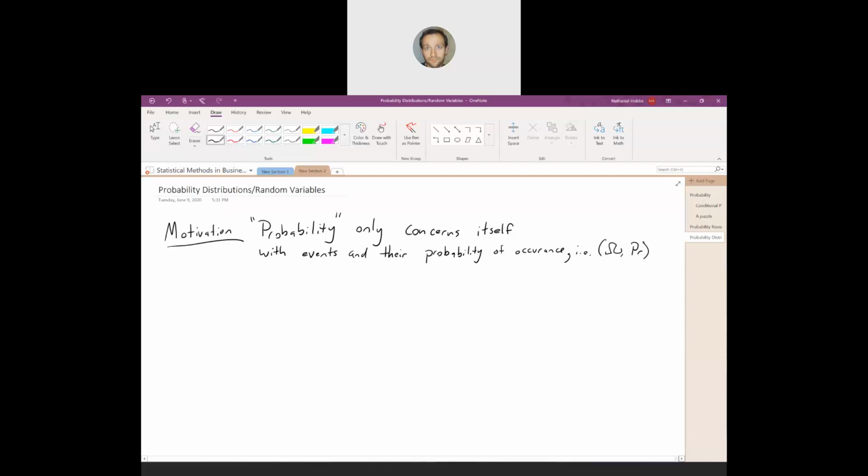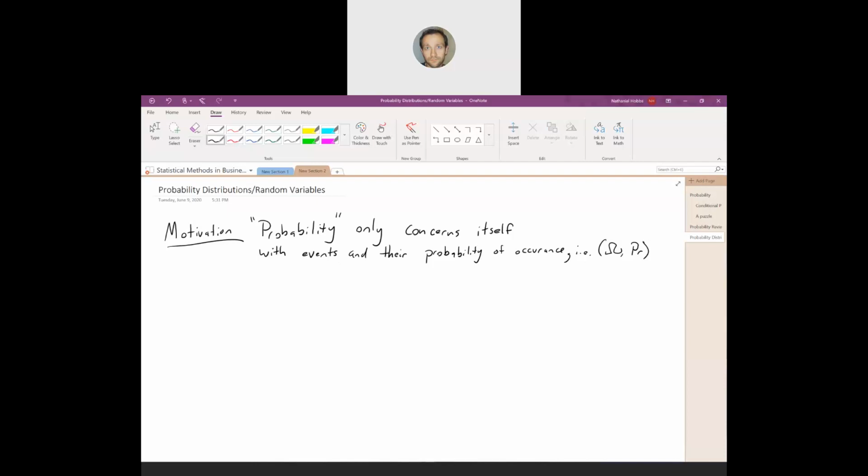Okay? So that's what probability is. There's different theorems, there's different definitions. I mean, we've talked about joint probability, conditional probability, independence, all of these things. But all that this is talking about is what can happen and what's the probability of that happening.